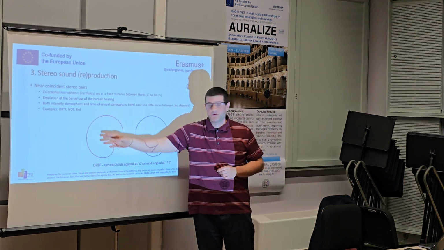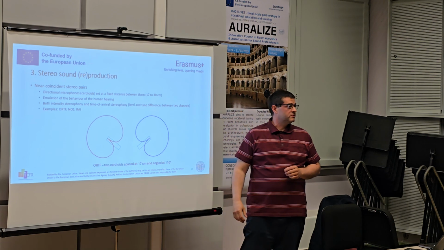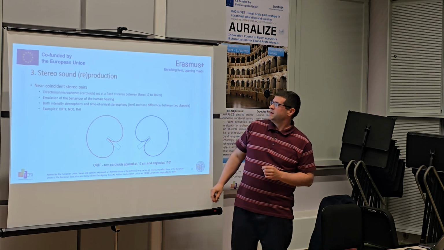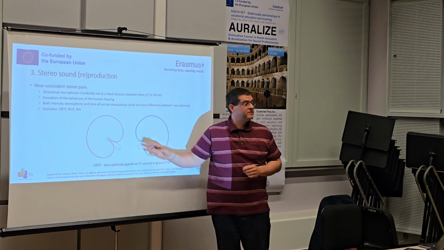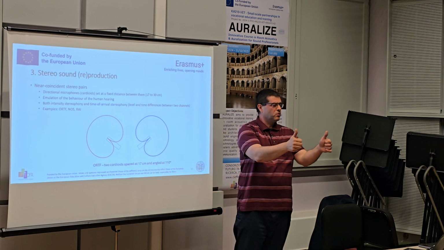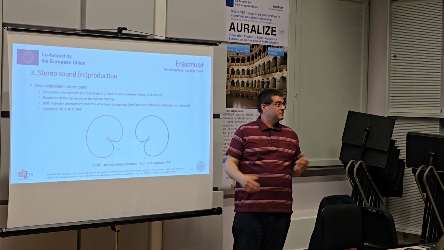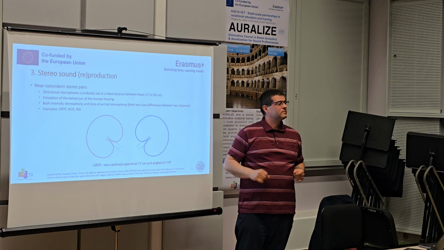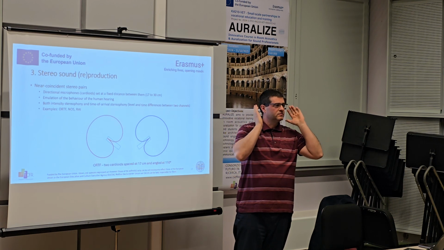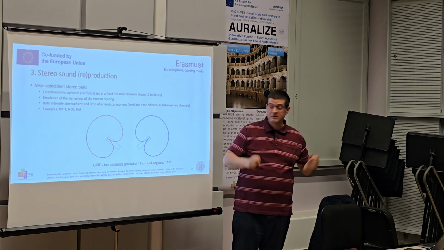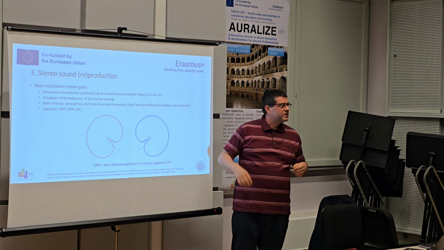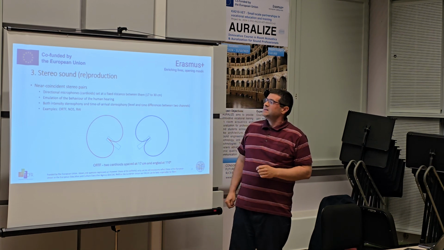As a rule, these microphones are cardioids, so we use always those. But we also set them at a fixed distance. So there is some small distance between them, and the distance is meant to emulate the separation between your ears. So 17 centimeters is realistic, 30 not so much, more or less.